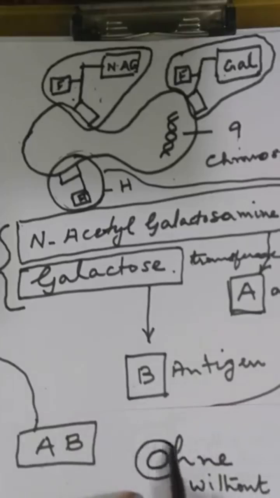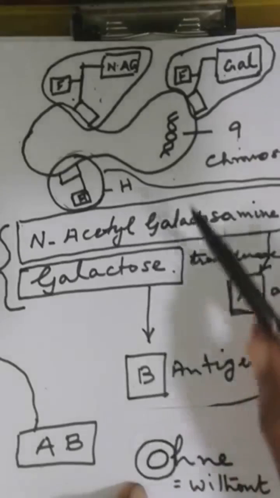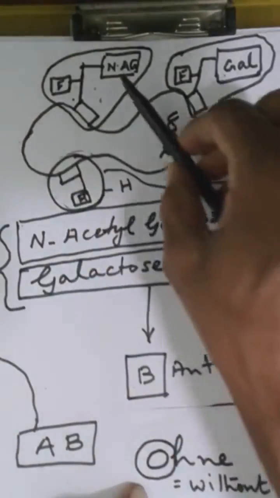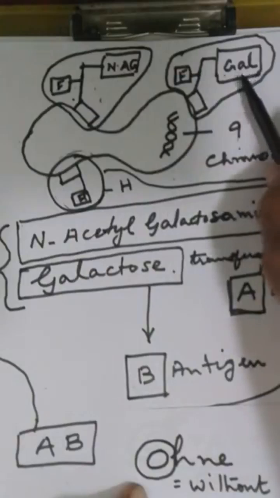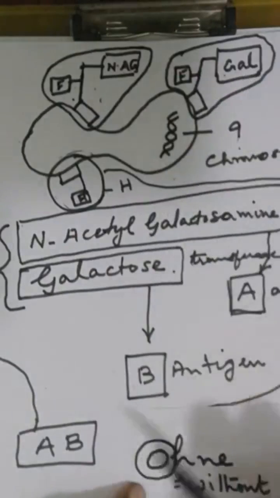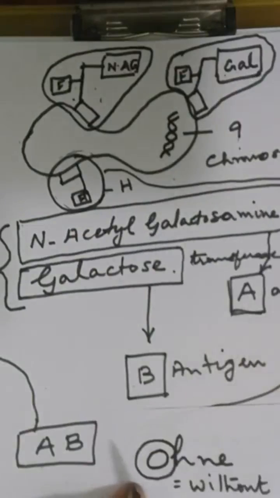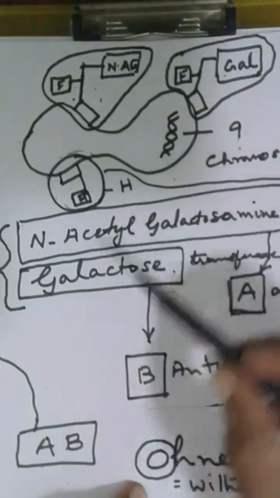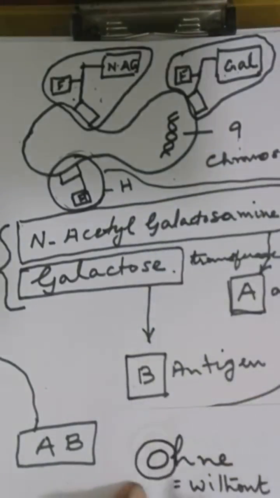But nowadays, doctors are just using this O in the sense that there is zero NAG, zero galactose, so that zero came and then zero became O. But actually that is not the story. It is from this OHNE, the German word. This O is actually connected with the O group person.